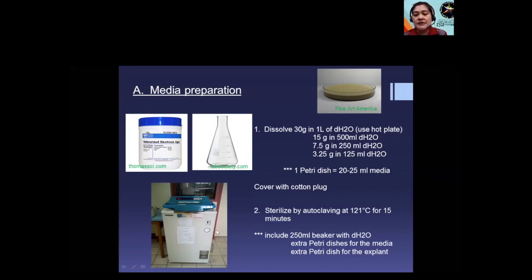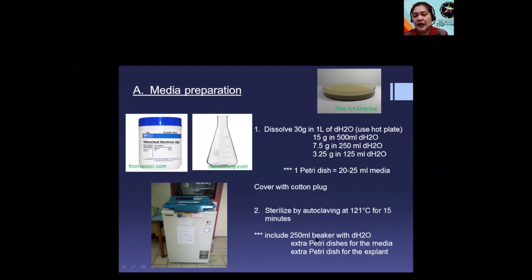Hindi po pwedeng buksan ang autoclave. The same way as you have your pressure cooker, ang pang-autoclave din po kasi nung iba is pressure cooker. Hindi po pwedeng bubuksan ang pressure cooker habang mainit pa or habang nandun pa yung pressure. You have to release it kundi sasabog po yan. Okay? So include with it already your another 200 ml of distilled water.